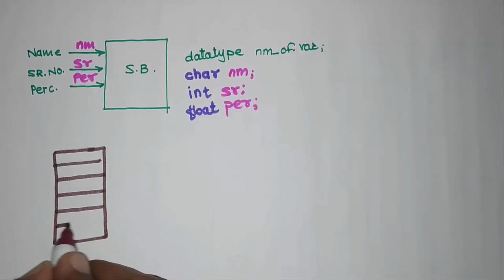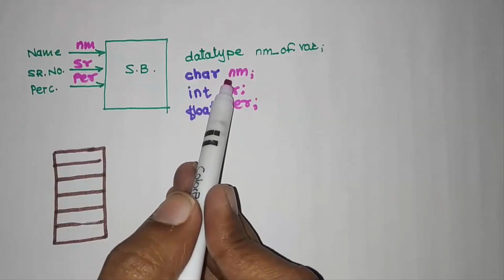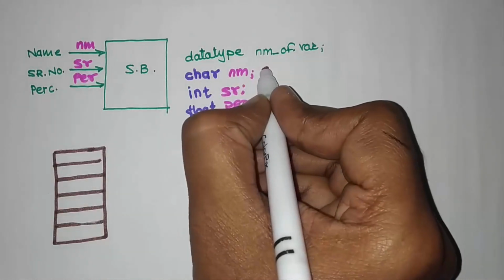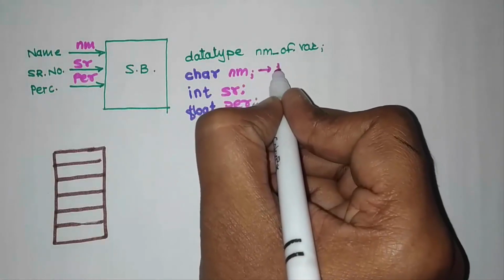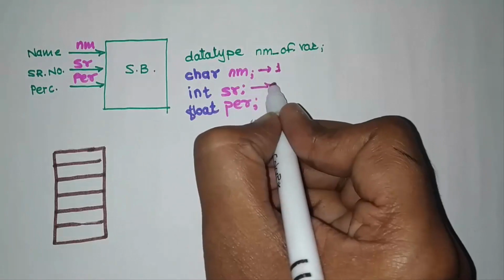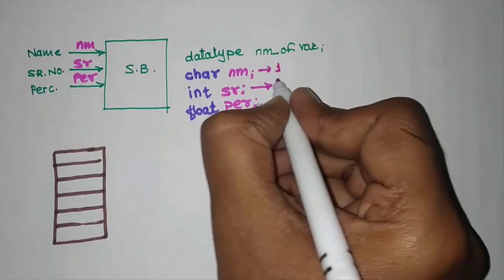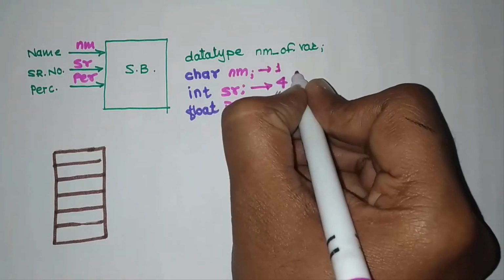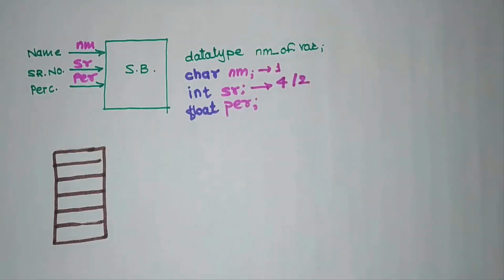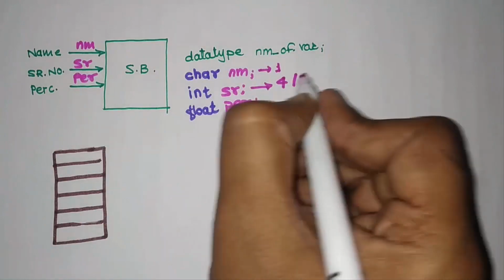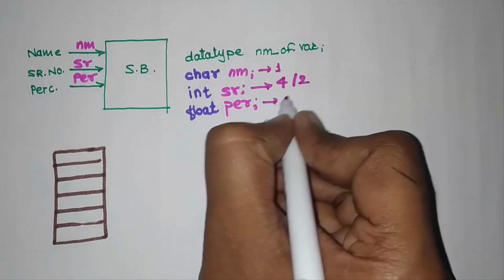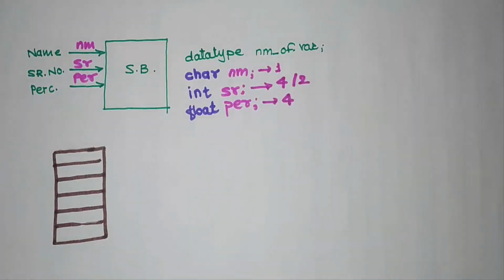So now what will happen when we declare this character nm, and as said, for character 1 byte is required. For integer, as we are using a system of more than 32 bits, it is dealing with 4 bytes, whereas for a 16-bit system it requires only 2 bytes, and for float it requires 4 bytes.